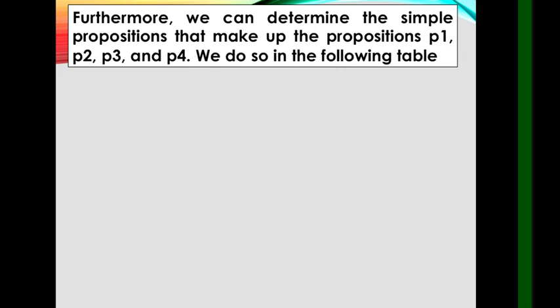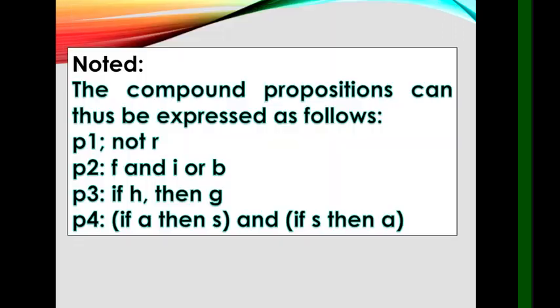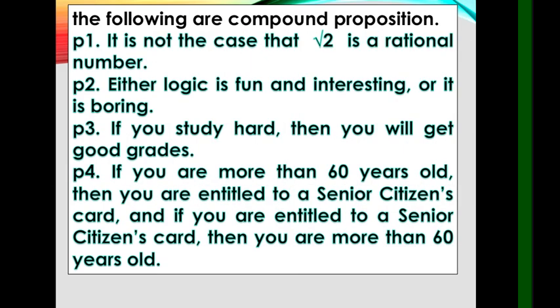Okay, before we proceed here, let me discuss further the examples that I gave a while ago. In P1, it is not the case that the square root of 2 is a rational number. It has the word not.